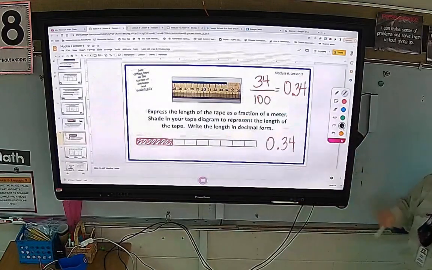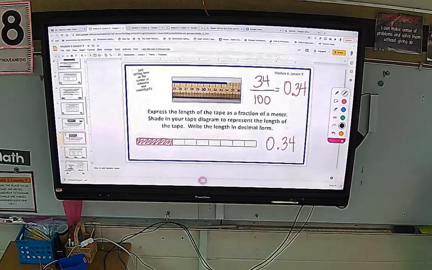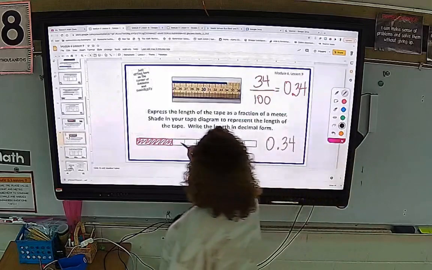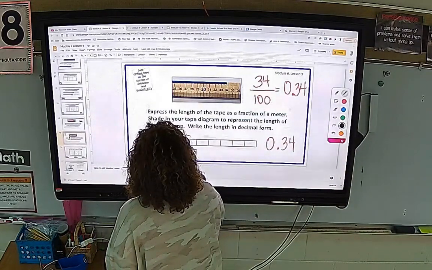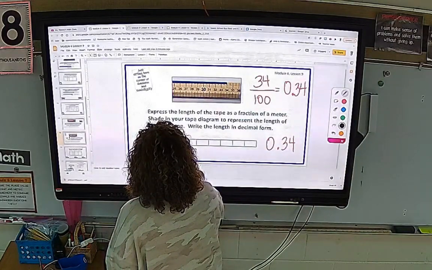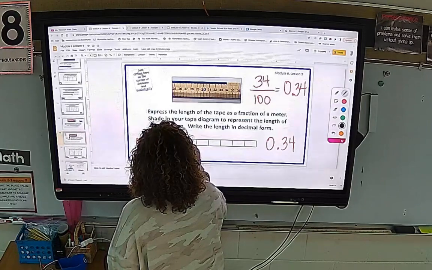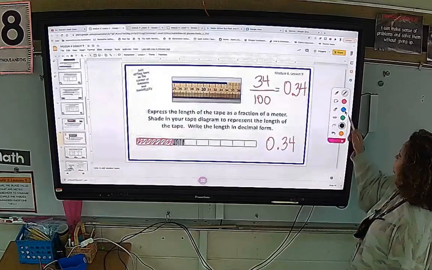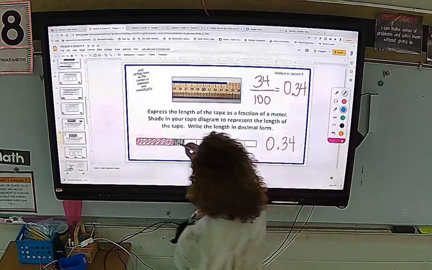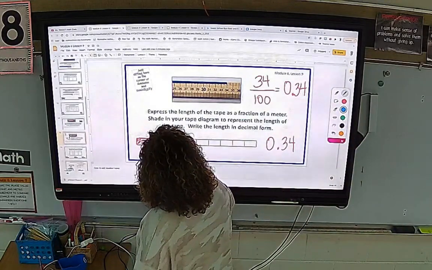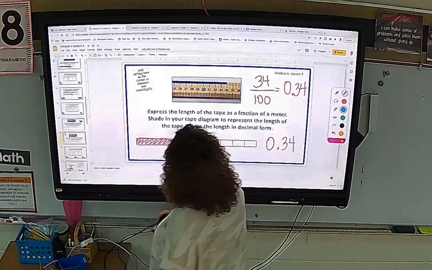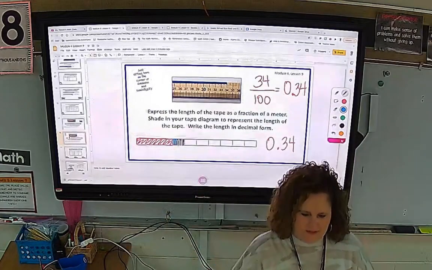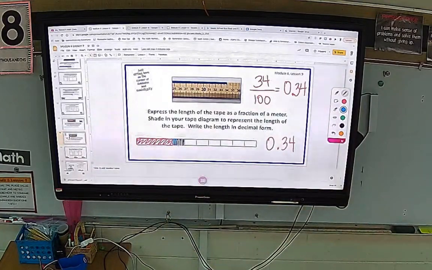What are we going to do to the very next box? Cut it into 10 pieces. And how many of those are we going to shade, Caleb? 4. So you should have a little bit less than half of that box shaded.